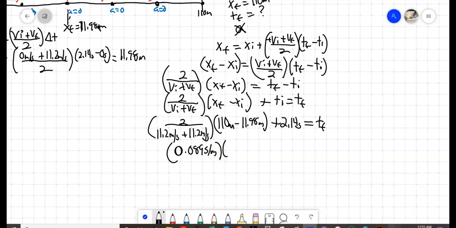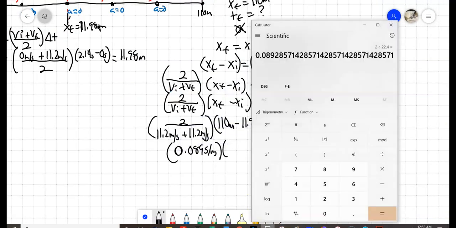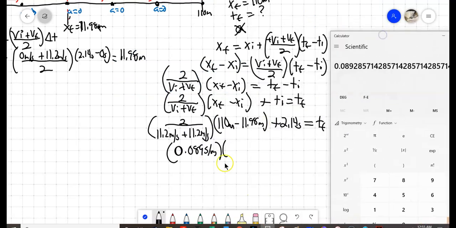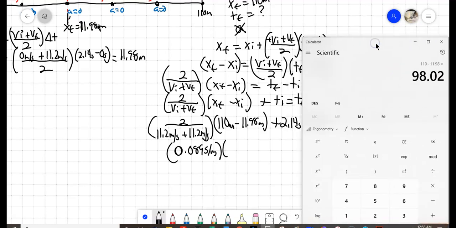And this part here is going to be 110 meters minus 11.98 meters, and that is 98.02 meters.